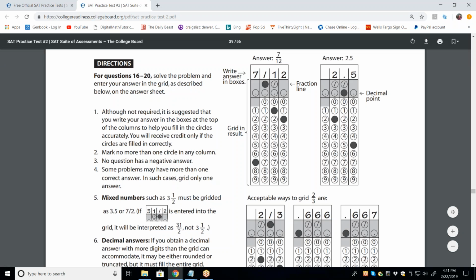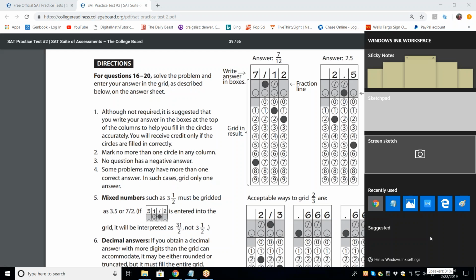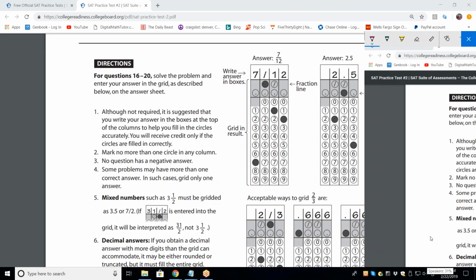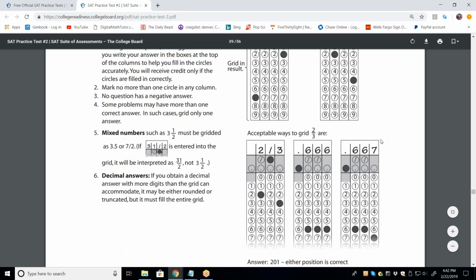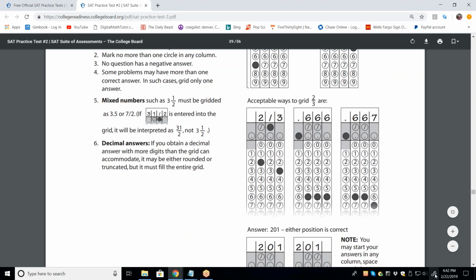The one answer that is not acceptable is this one. And it's not obvious at all that this would not be acceptable. What happened here? Let's first of all do that.